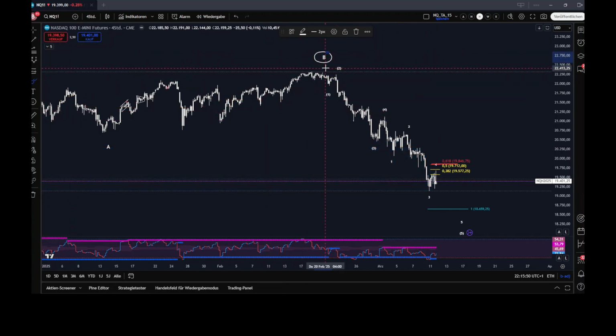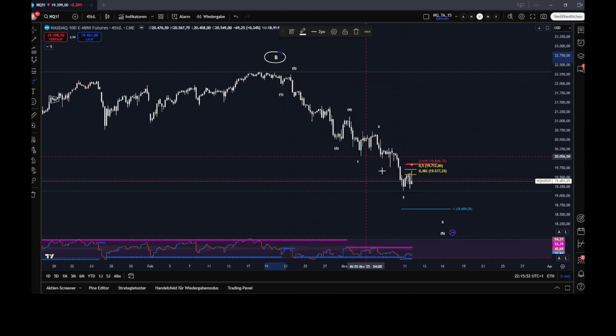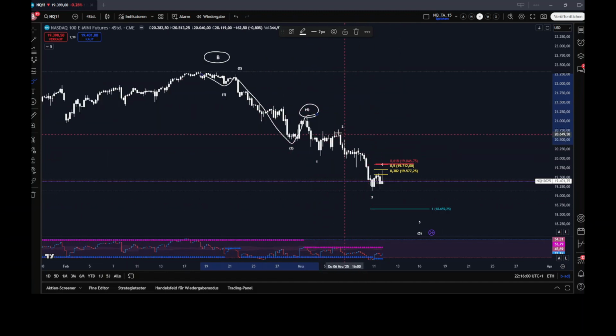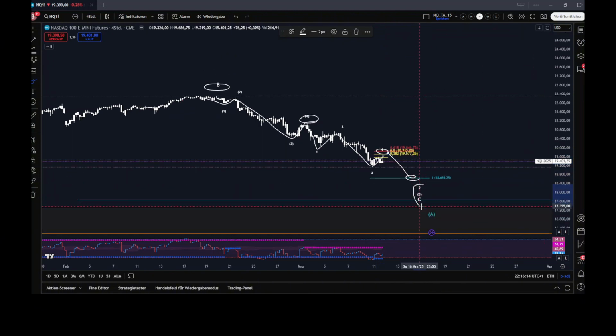So from our B wave high, we did the C wave down in my view at the moment. It's a 1, 2, 3, 4. And then we started the fifth wave down that also consists of 5 subwaves, where we've done wave 1, 2, 3. This is in my view the wave 4. And then we have one more low to do to finish the 5 of C of intermediate wave A.